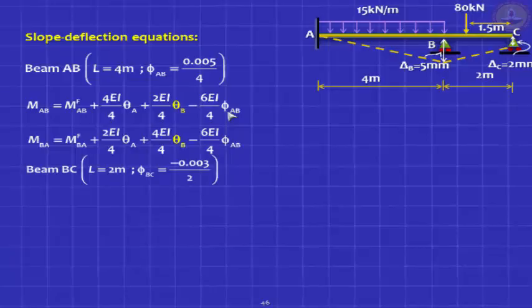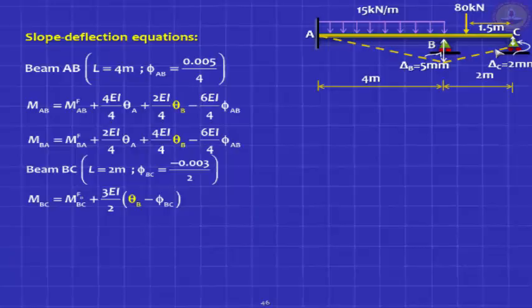Next, for span BC, here we are going to take advantage of the fact that C is hinged. So theta C does not come into the equation at all. What is the equation now? MBC is MF naught BC plus 3EI by L into theta B minus 3EI by L into phi BC.